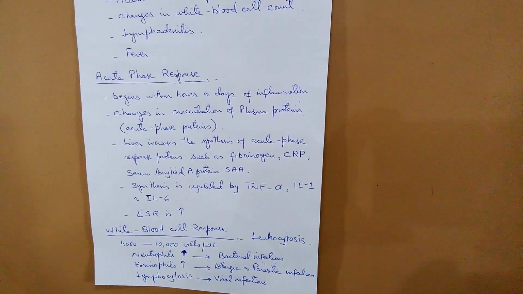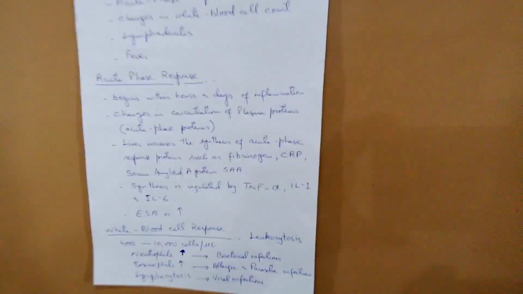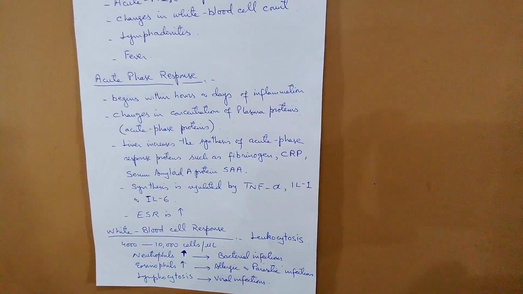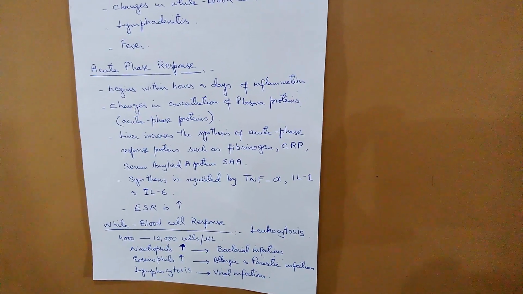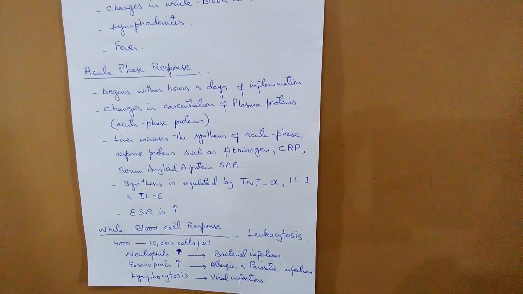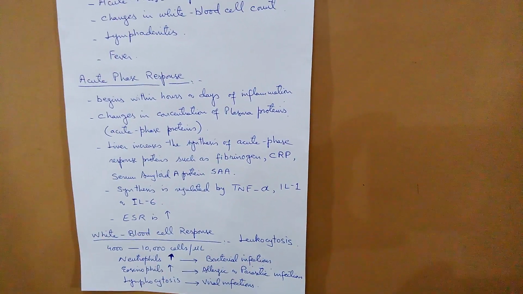Students, the synthesis of these acute phase proteins by the liver is increased under the effect of tumor necrosis factor alpha, interleukin 1, and interleukin 6.